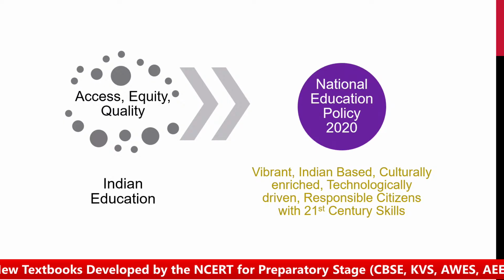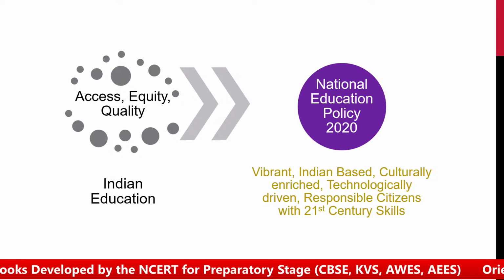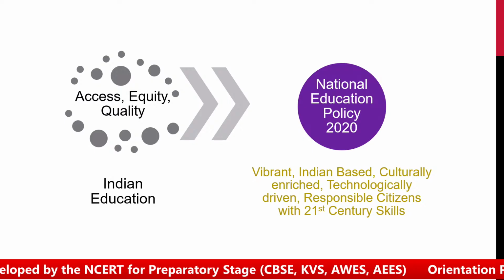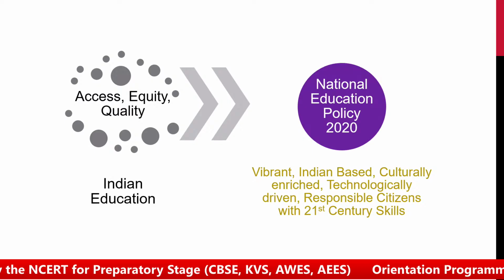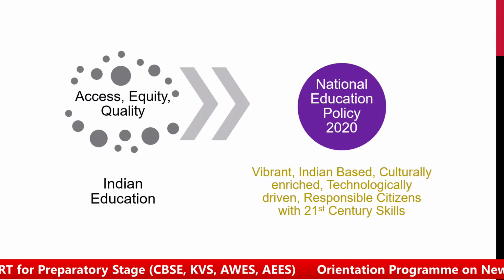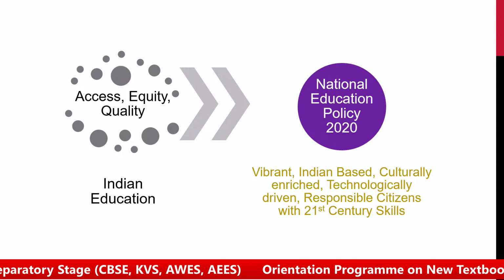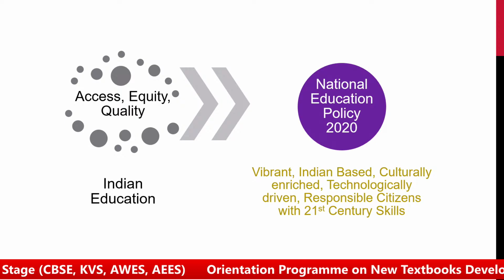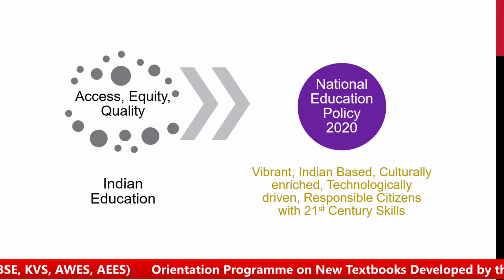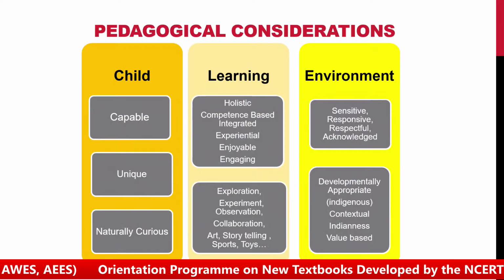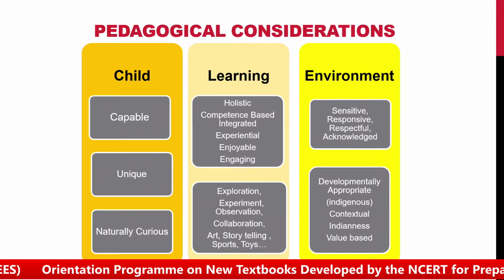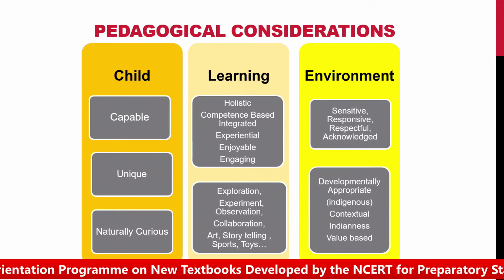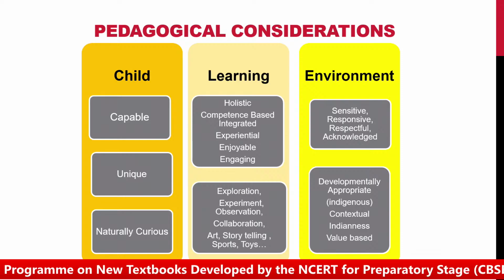As all of you know, NEP suggests a vibrant, Indian-based, culturally driven, technologically driven, responsible citizens having 21st century skills, and we all are striving to have access, equity and quality in Indian education. So in a nutshell, we can say NEP 2020 and NCFSE talk majorly about 3 elements.